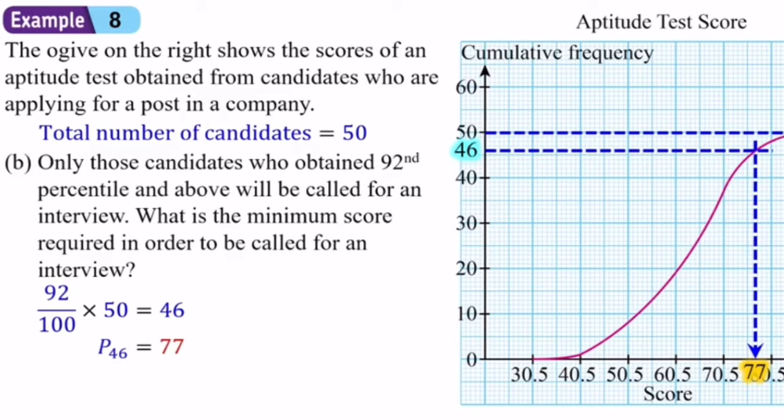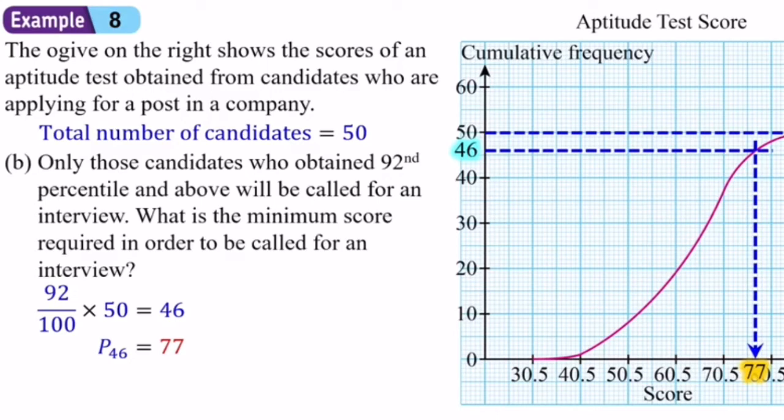Alright, it's not the 46 percentile, it's the P92. Please do some changes for the typo error. It should be P92, right? Is equivalent to 77.5.